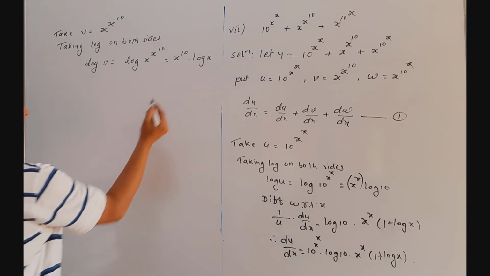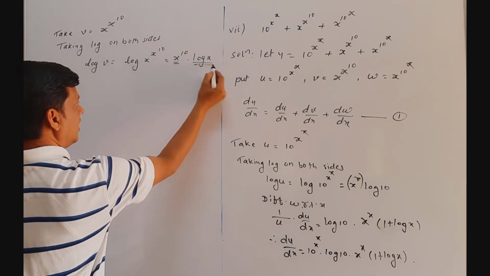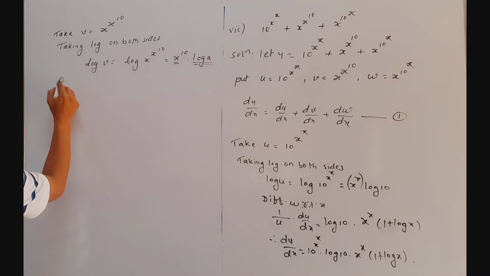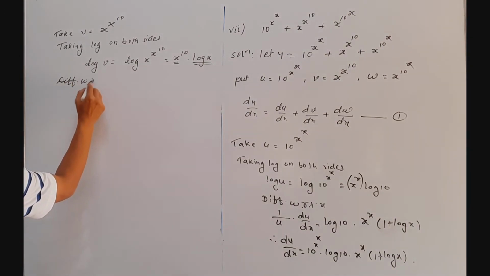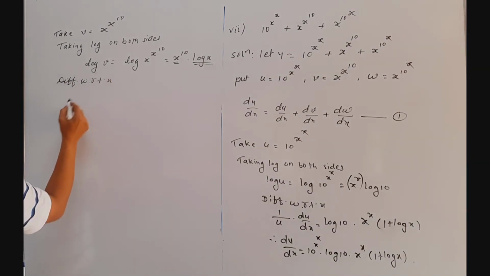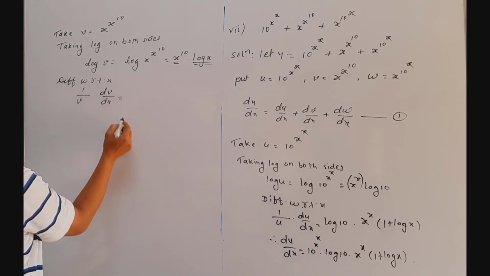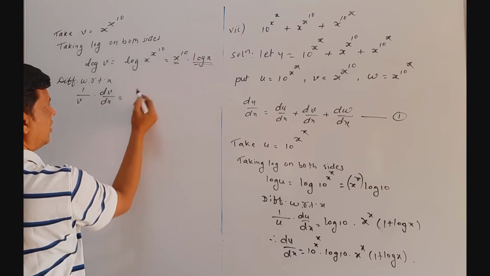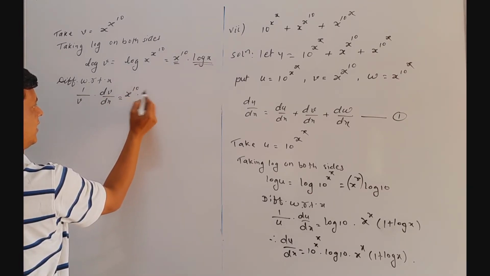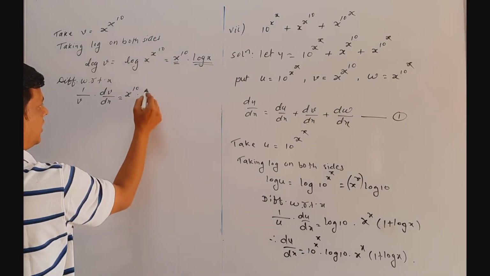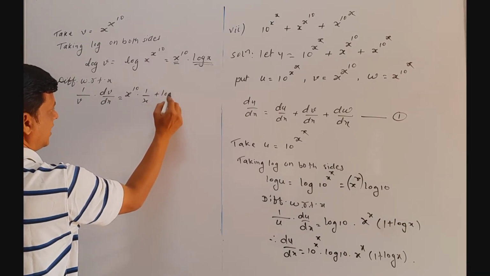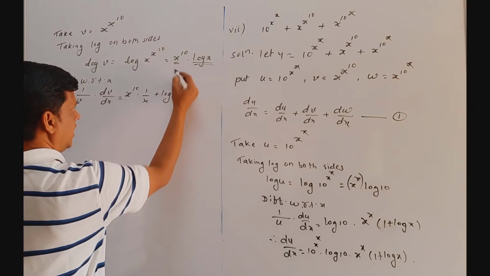While differentiating, we have to apply the product rule for the right hand side. So differentiate with respect to x. Now the derivative of log v is 1 upon v into dv by dx, equals, here we apply the product rule. First function into derivative of second, so derivative of log x is 1 by x, plus second function, that is log x, into derivative of first.